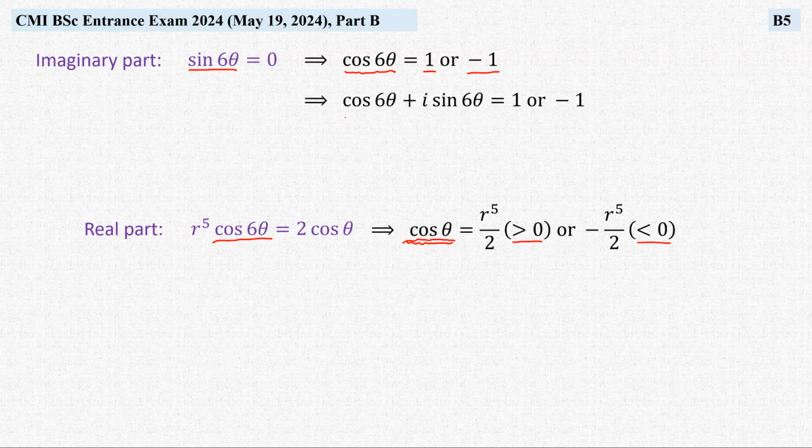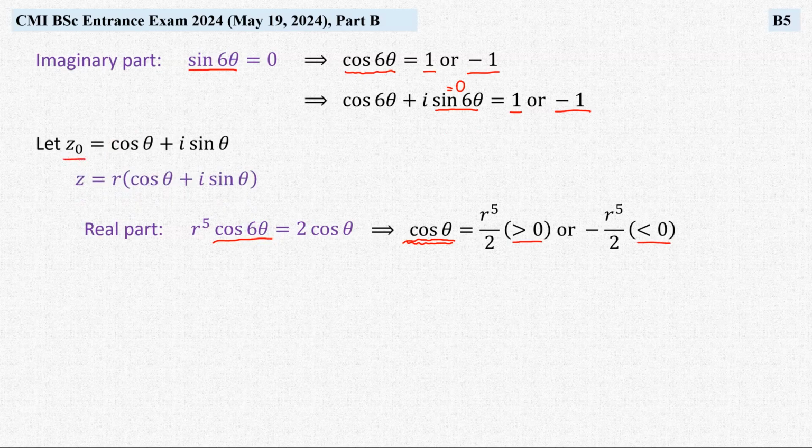Moreover, this also means that cosine 6 theta plus i sine 6 theta is also equal to 1 or negative 1, because sine 6 theta is 0. This means that if we let z0 be the complex number cosine theta plus i sine theta, I used subscript 0 here because z is already used to denote the solution, which is just the z0 part times the absolute value r.